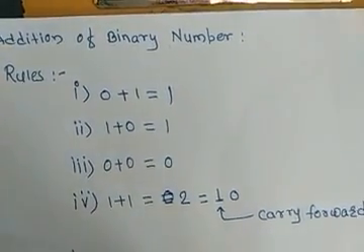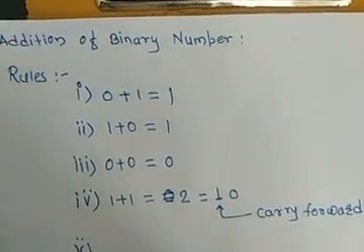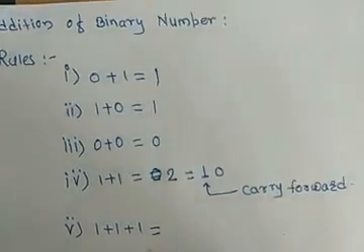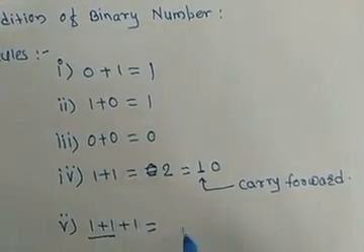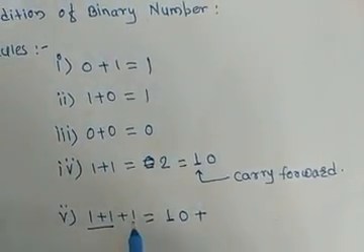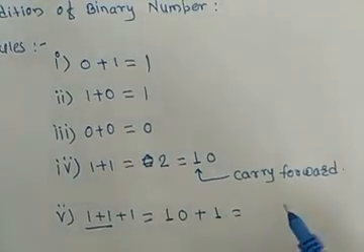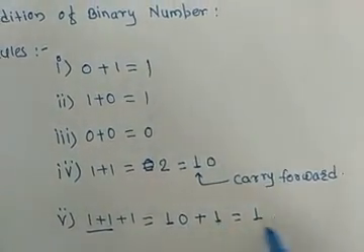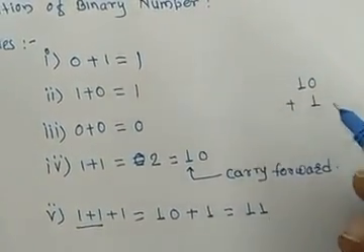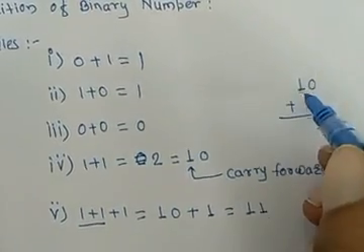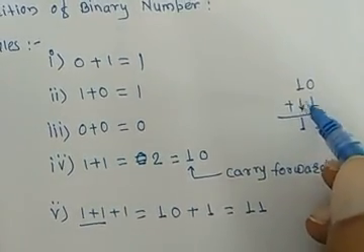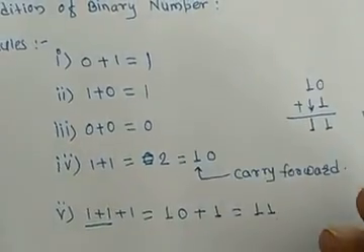Next, we can also write 1 plus 1 plus 1 is equal to. The addition of 1 plus 1 is 10, plus again this 1 is added, so it can be written as 10 plus 1, which is 11. Here 0 plus 1 is 1, and it is written as it is, because no number is here, it will be considered as 0.